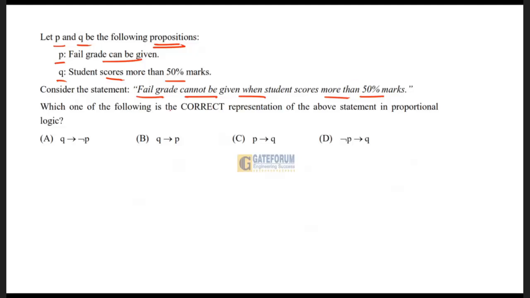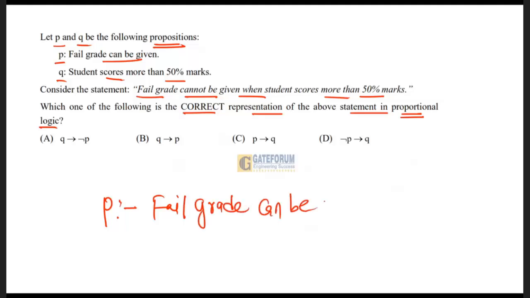Now, which one of the following is the correct representation of the above statement in propositional logic? So you know that P is there. One statement is P. It is showing fail grade can be given.